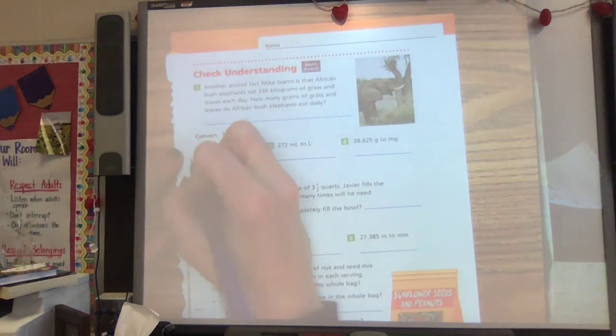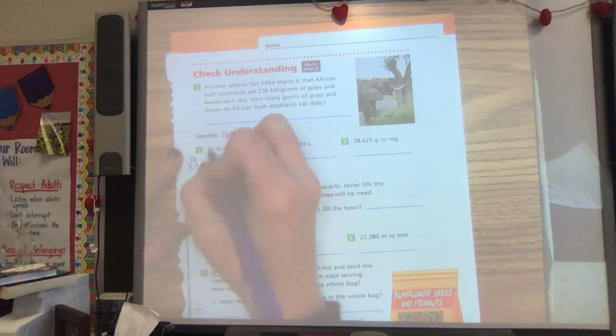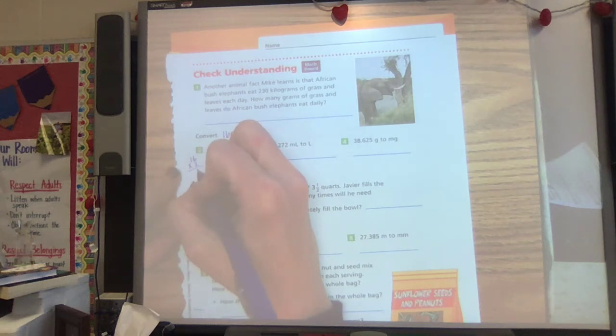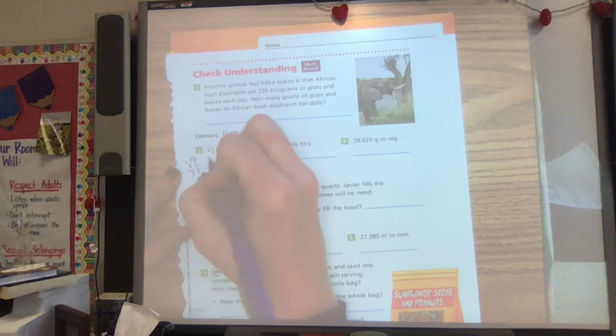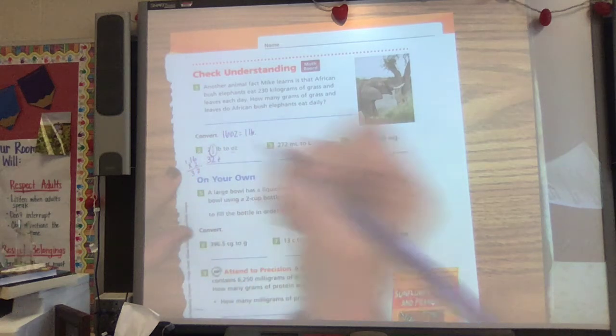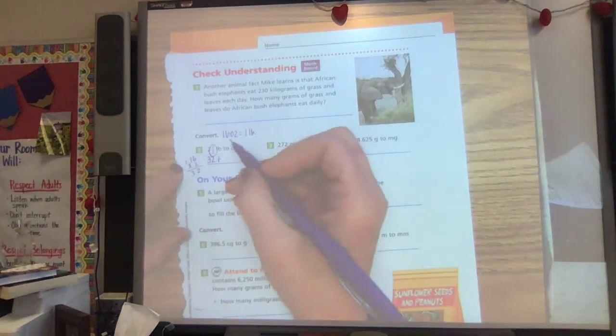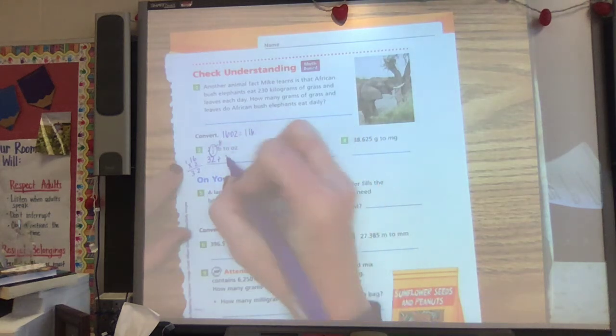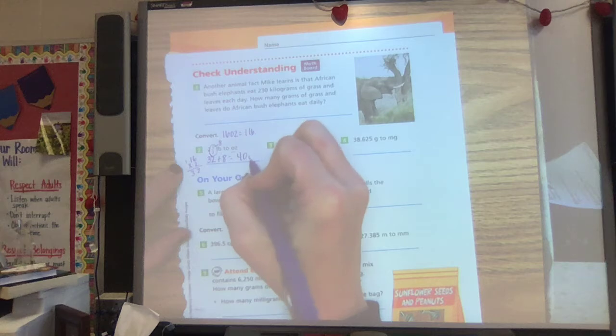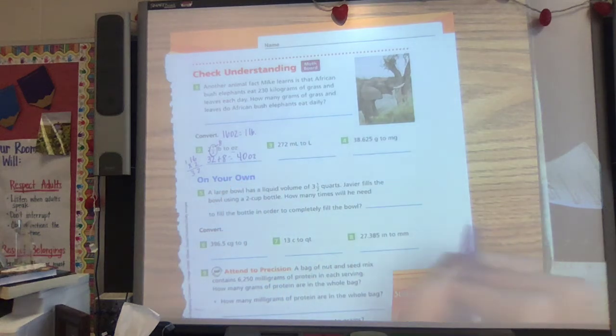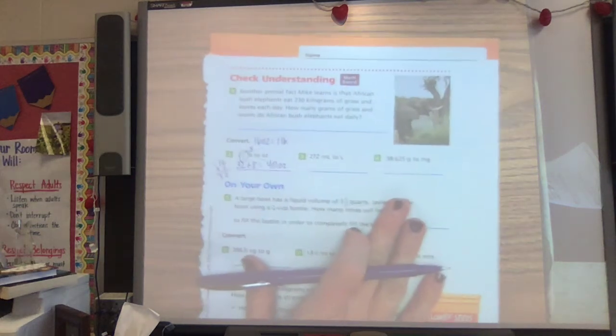So I know 16 ounces times 2 is gonna be 32. A half of a pound would be how many ounces? If 1 is 16, a half is going to be 8. So 32 plus 8 would give me 40 ounces for 2.5 pounds.